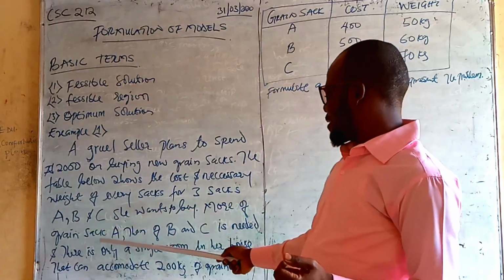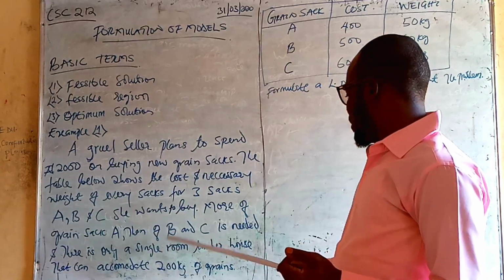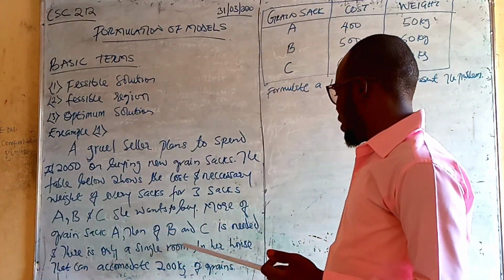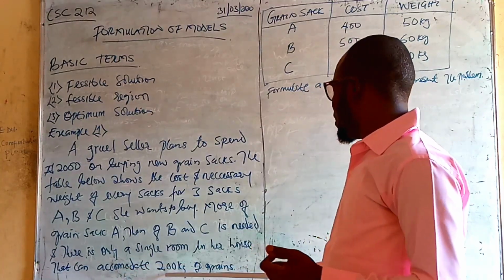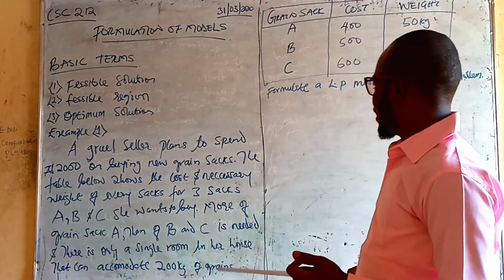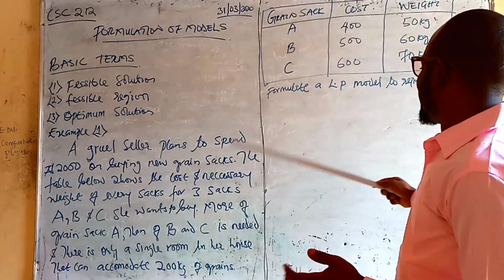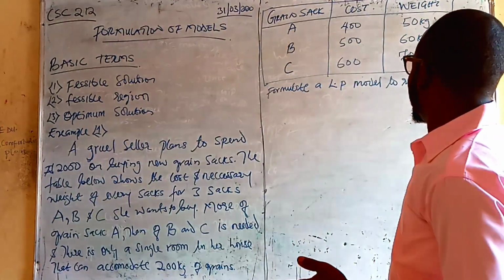Then more of grain sacks A than of B and C is needed, and there is only a single room in her house that can accommodate 200 kilograms of grains. So this is the problem given, and this is the table.